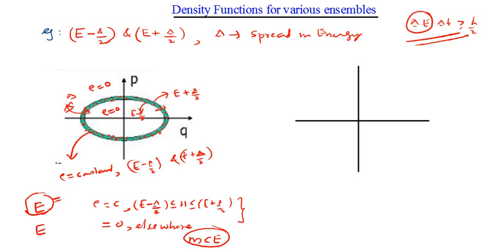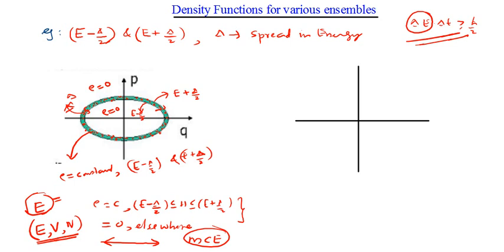Therefore, the macro state of the system will be energy constant, volume constant, and number of particles constant. And you know, the EVN ensemble is what is known as the microcanonical ensemble. So since energy is fixed, we say that the ensemble is a microcanonical ensemble.